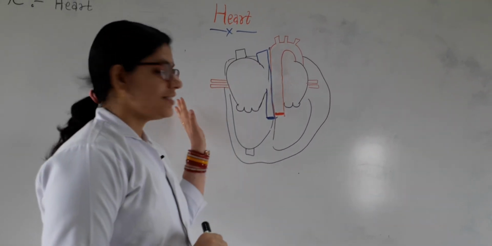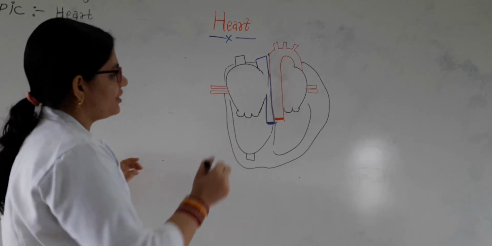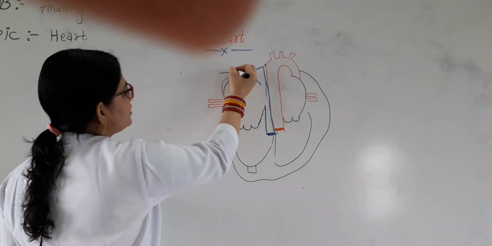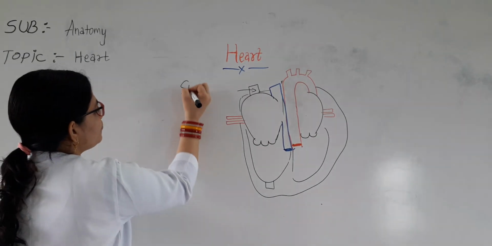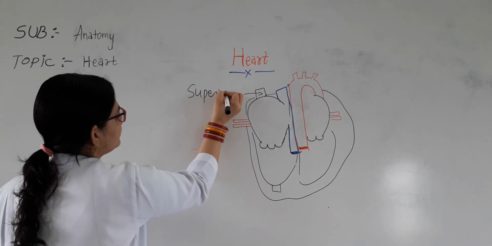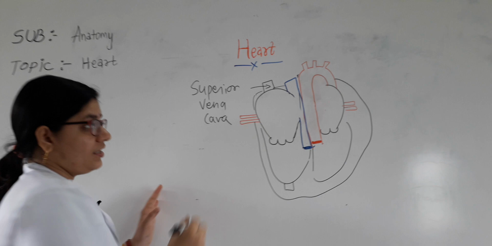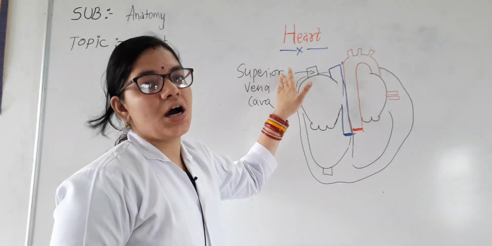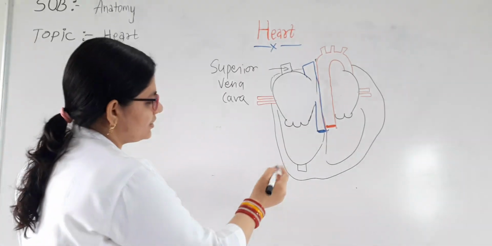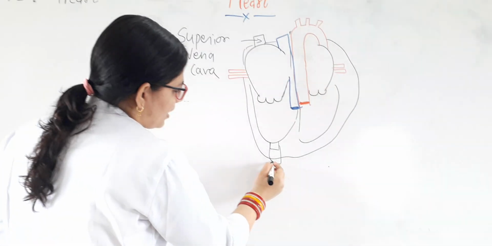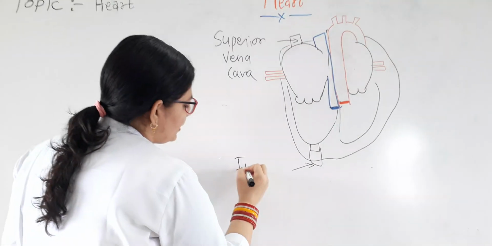Okay, so let us see this in the diagram. As you can see, this part is known as the superior vena cava. It carries the deoxygenated blood from the upper parts of the body, and this part is known as the inferior vena cava.